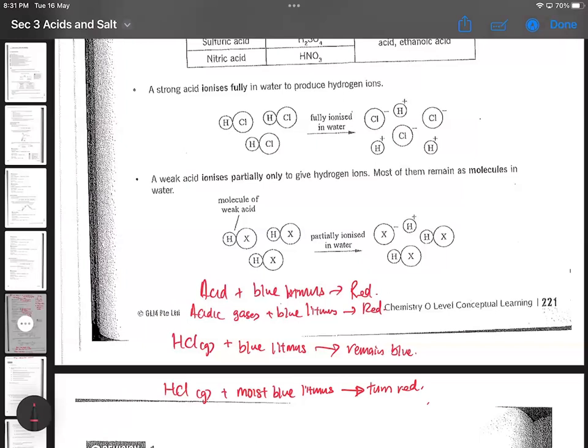Okay, moist means water present. Kaylee, can you come up with a reasonable reason, why do you think moist is required? When it interacts with, this is not hydrochloric acid, this is HCl gas.